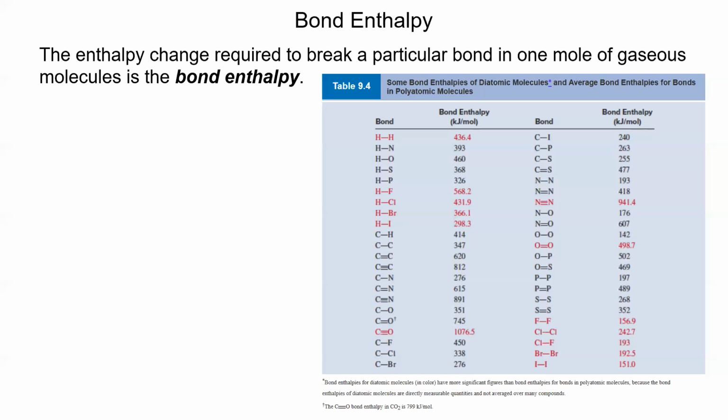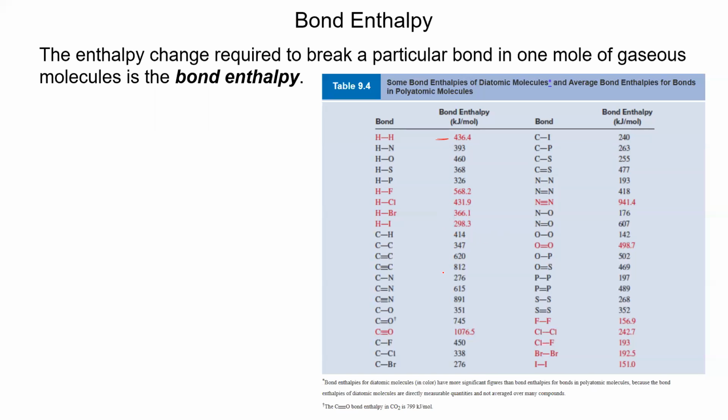Now, when we look at the bond enthalpy table, this is just for a single bond, and it's got to be in the gas phase. Again, gas phase is just the easiest way to make it even across all compounds. And so you'll notice here, if we look at some of these, the hydrogen bond here at 436 at the top of our table.